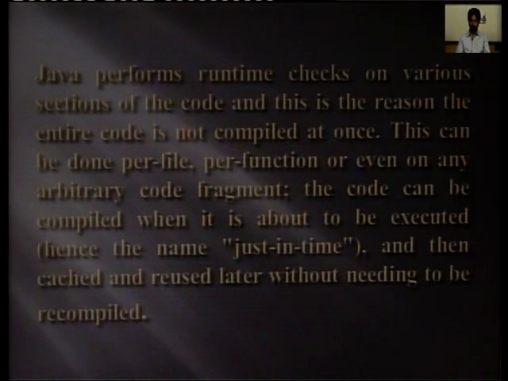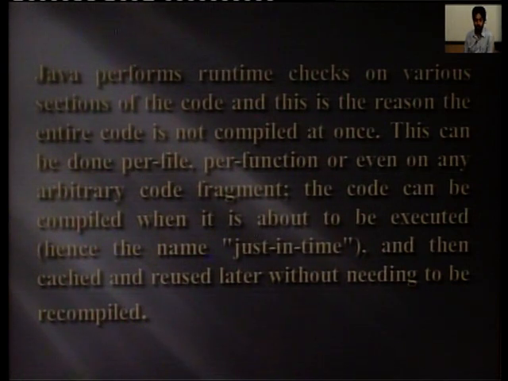Java performs a runtime check on various sections of the code, and this is the reason the entire code is not compiled at once. So whenever we write a program in Java, it will not compile all the code at once. This can be done per file, per function, or any arbitrary code fragment.